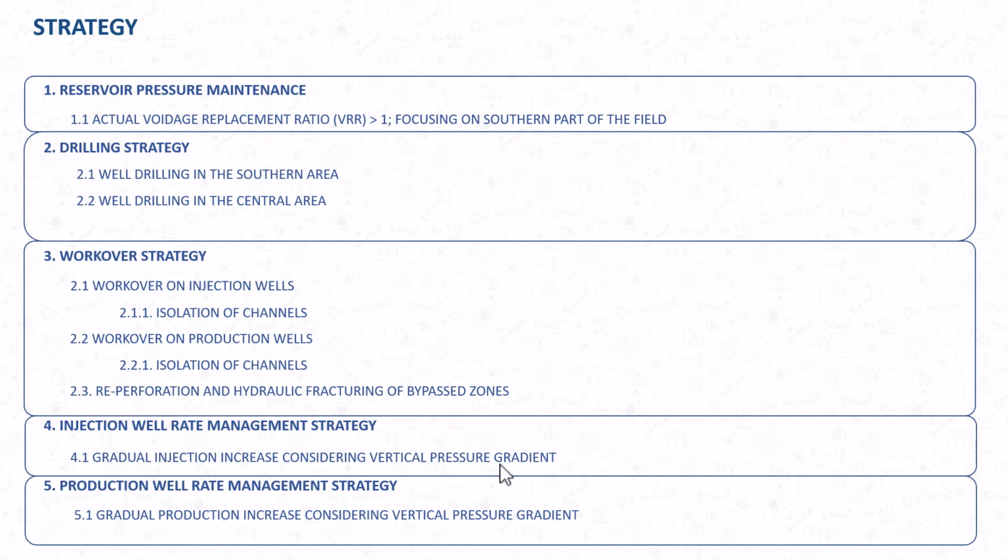And then injection and production targets should be increased year by year, considering the vertical pressure gradient, so as not to create new channels which would cause new thief production and new thief injection.